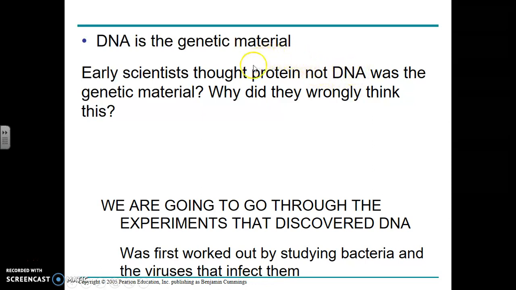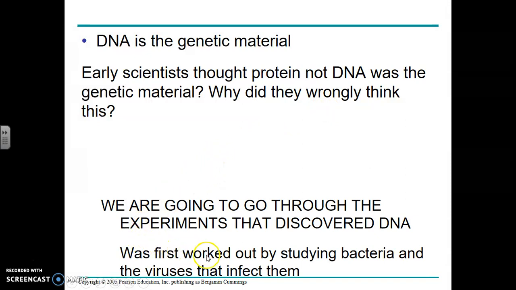So again, there were 20 amino acids and 4 nucleotides, so A, T, G, and C. And remember, with the amino acids, there were 20 of them, but we have acidic, basic, polar, and nonpolar. And because there were many more amino acids, they thought that they could code for more of the traits. But it turns out that they were wrong, and that it was DNA that is the genetic material.